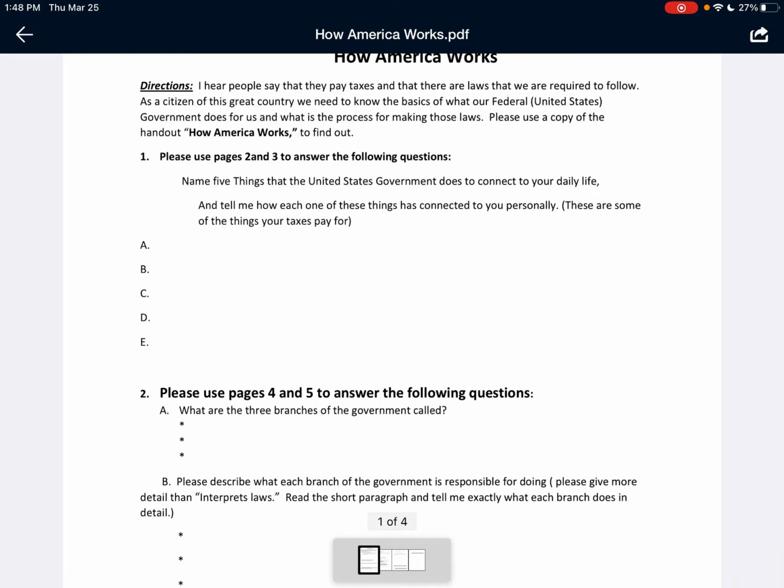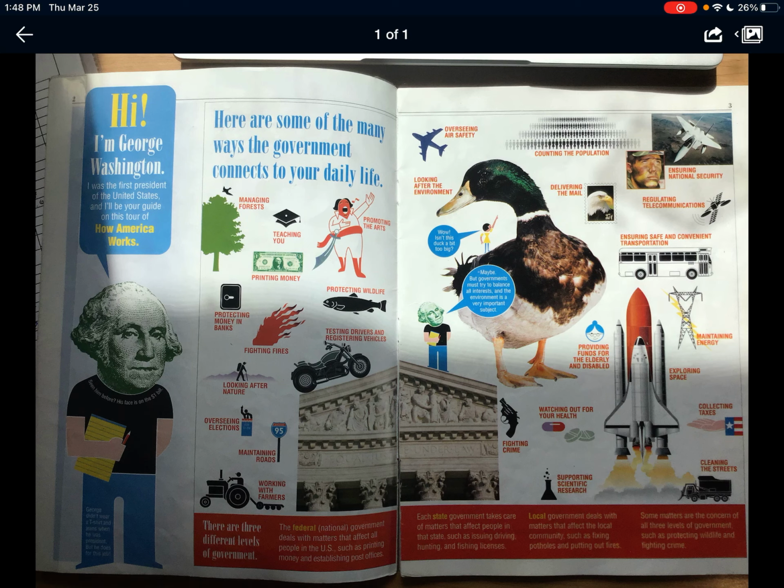So what I'd like you to do is go to pages 2 and 3. All I'm looking for you to do here is take a look at 5 things from this list. If you take a look at the directions, it says, I hear people say that they pay taxes and that there are laws that we're required to follow.